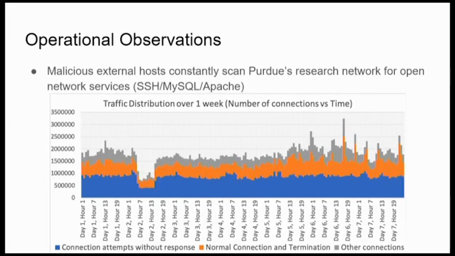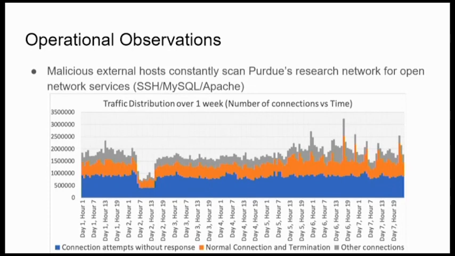This is a very cool diagram, because it shows us some of the operational observations we had when the system went live. The first thing that we discovered was that there are many malicious external hosts constantly scanning Purdue's research infrastructure for open services, and it could be nmaps or just actually looking for open ports.